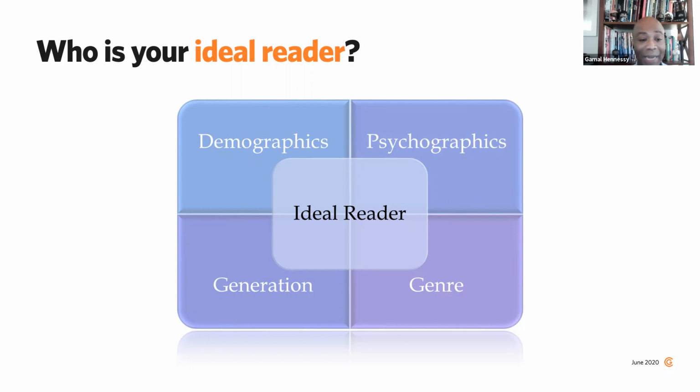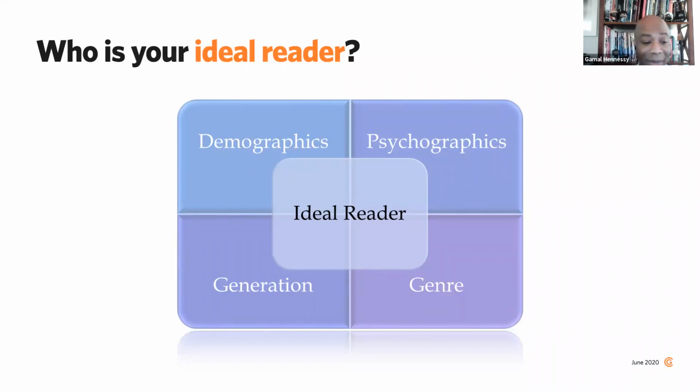Now, not everyone can be an ideal reader. Your comic can't appeal to everyone, in the same way every movie doesn't appeal to everyone, and every music fan doesn't enjoy every type of music. You can understand the profile for your ideal reader based on the 4 factors you see on the screen. Demographics focus on external or physical factors like race, religion, education, etc. Psychographics focus on mental and emotional factors, as well as a general worldview.